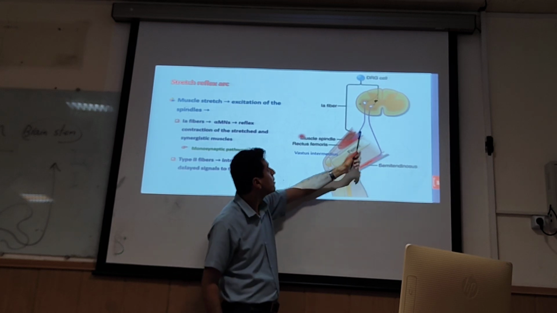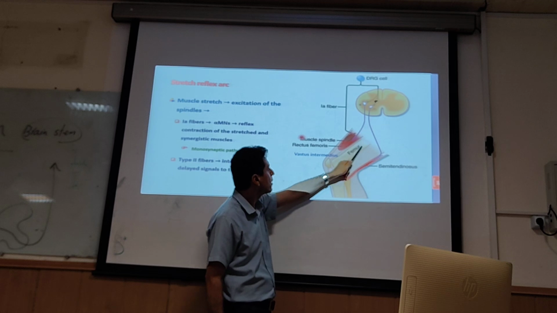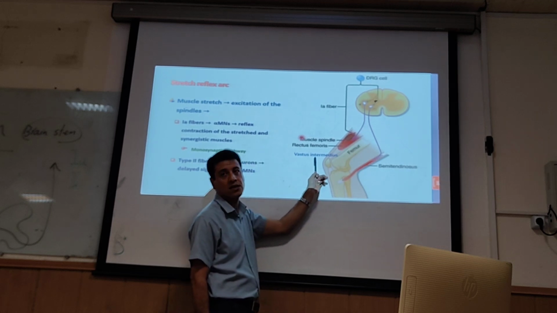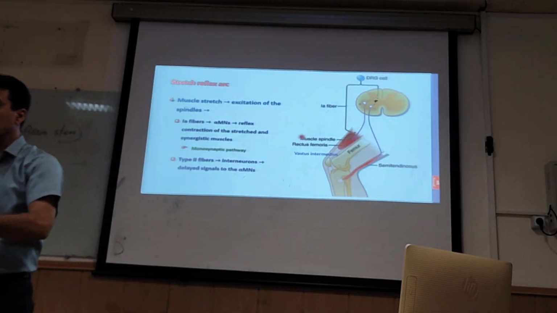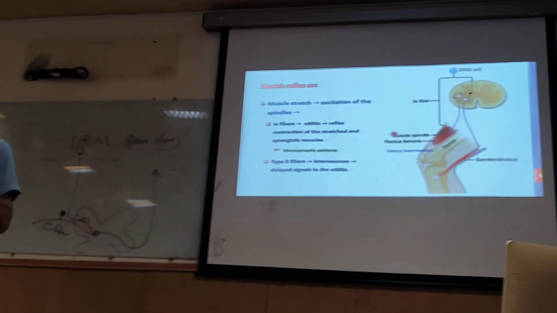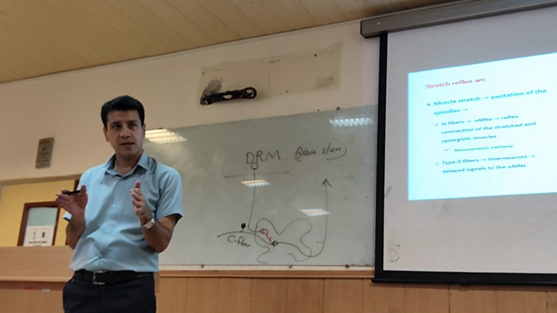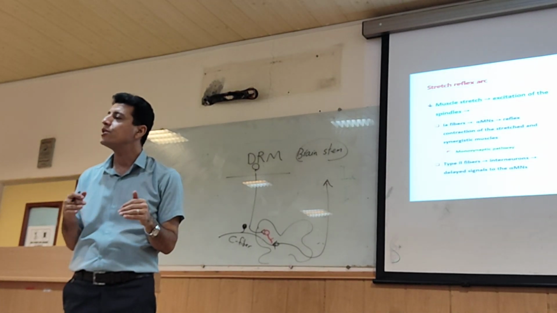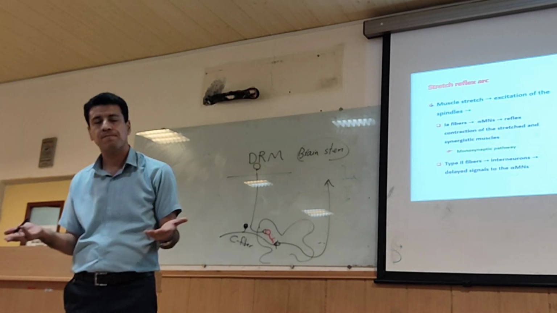So a third branch activates the alpha motor neuron that goes to the vastus intermedius. So, let's refine our definition. Whenever a muscle is stretched, the same muscle is contracted, the synergistic muscle is contracted, and the antagonist is relaxed.